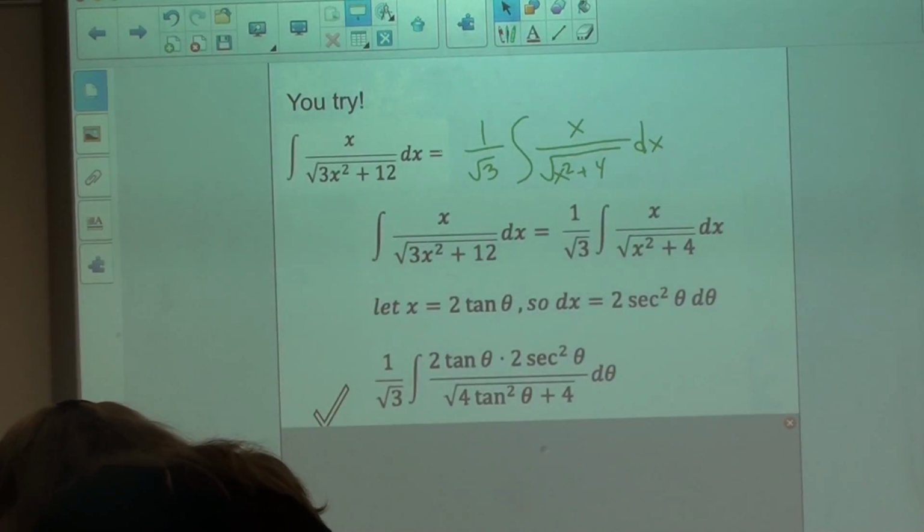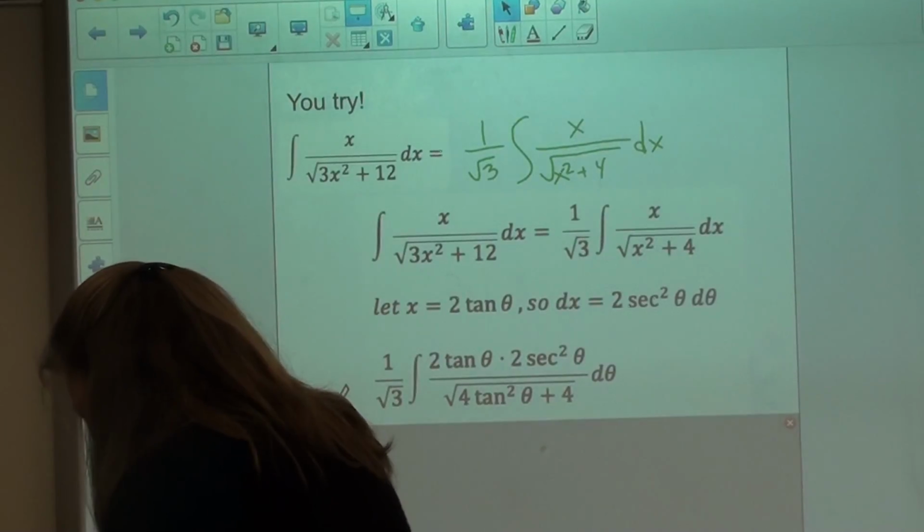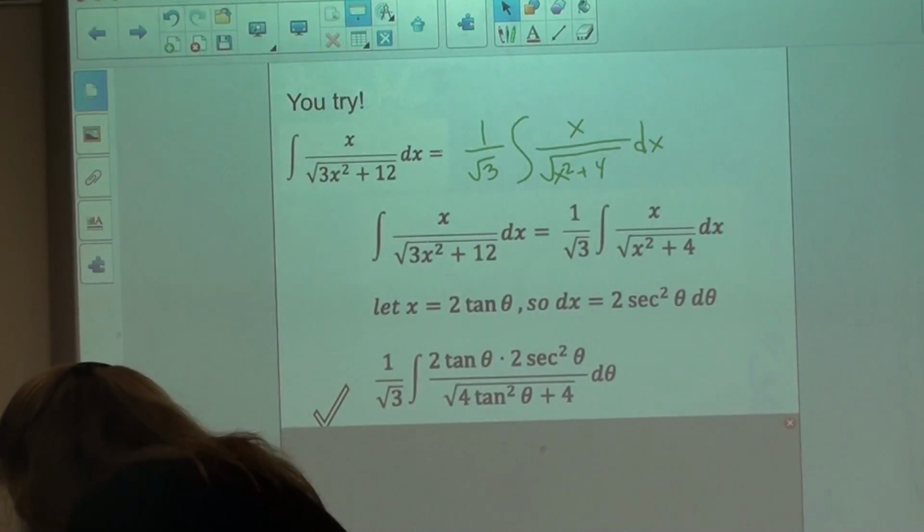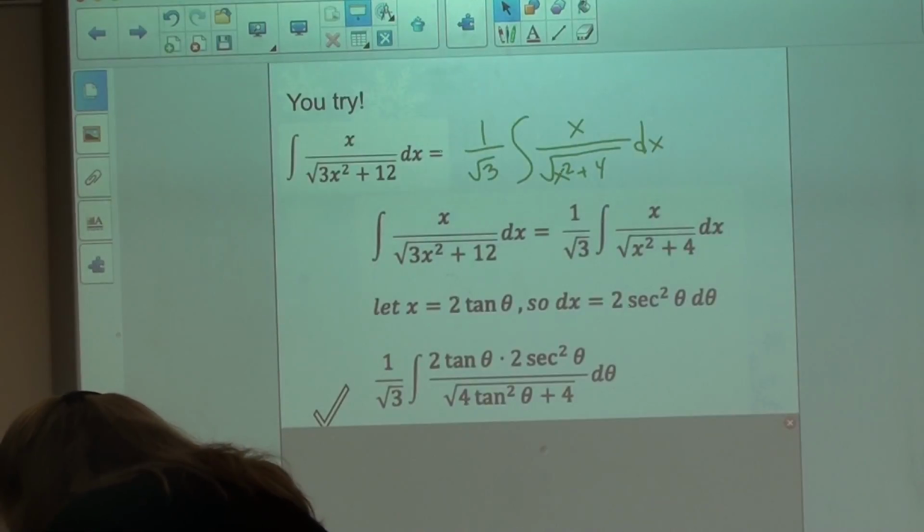Okay, be careful, you have to write the dx, and then you have to plug in your dx, because that changes. Oh, you put it in here, okay. Make sure you find your report.